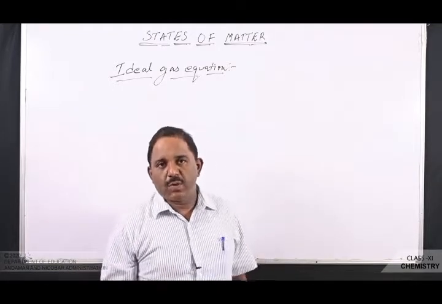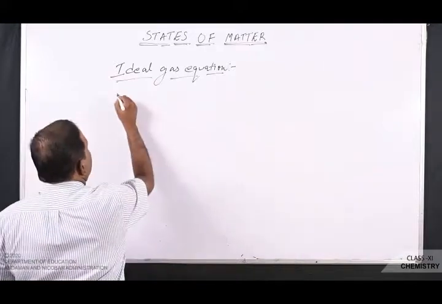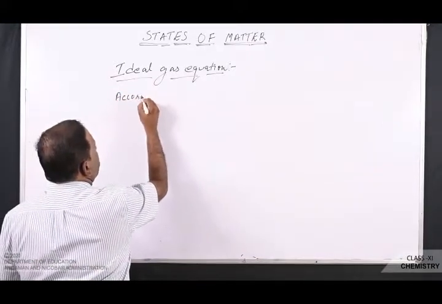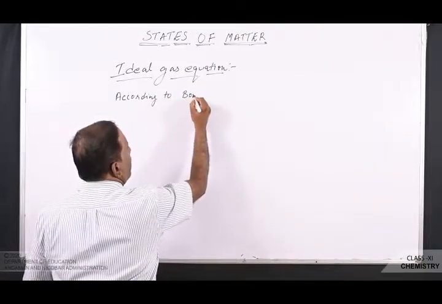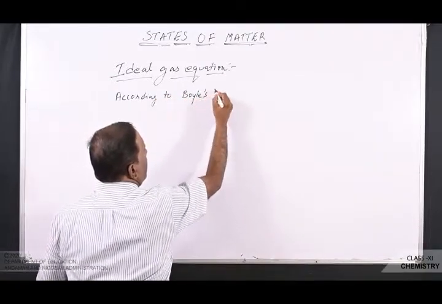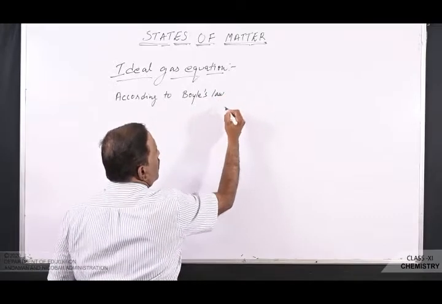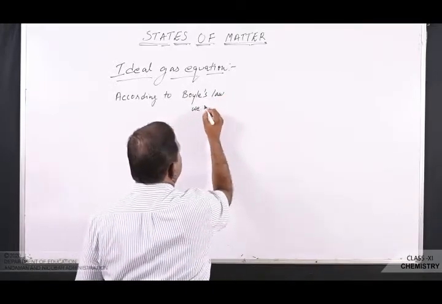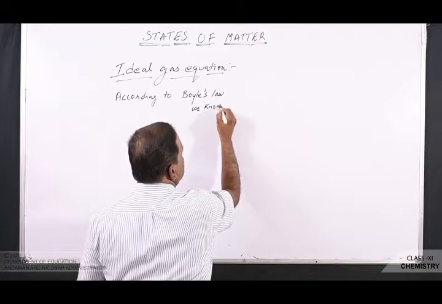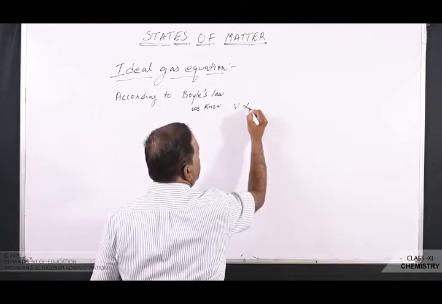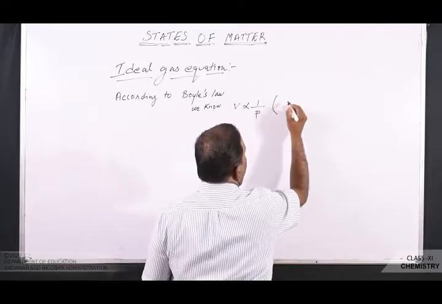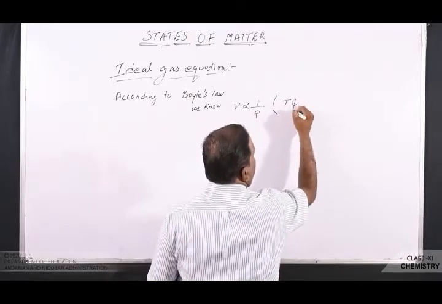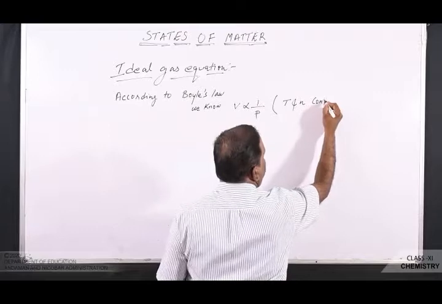So, the ideal gas equation: for gases that obey Boyle's law, Charles' law and Avogadro's law, from this we can obtain an ideal gas equation. According to Boyle's law, we know V is inversely proportional to P, keeping T and n constant.